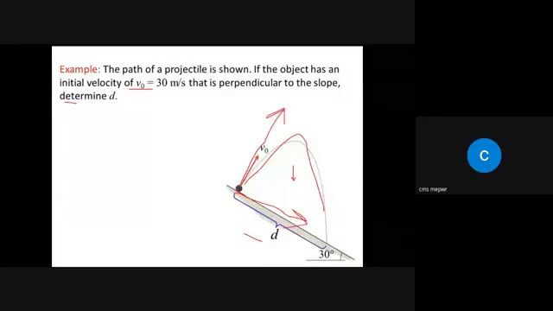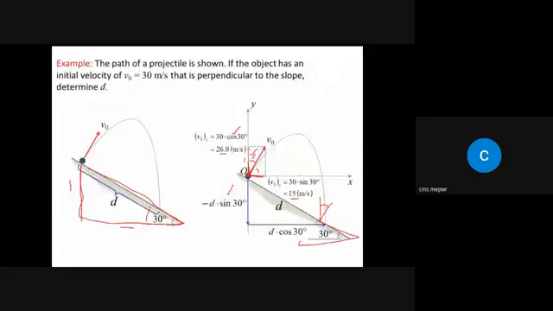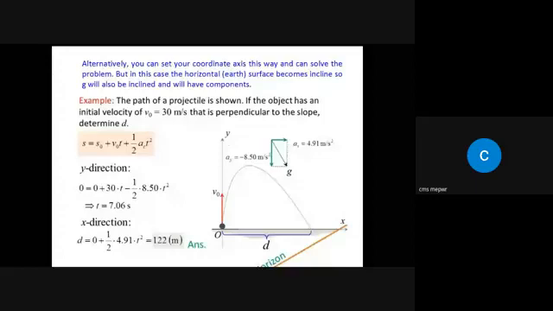But remember, in that case the g will become inclined. For example, let's see this one. I arrange the diagram for my ease, for my comfort. So this is x, this is y. But remember, now the horizontal surface, or the earth surface, is at a certain angle. And what is that angle? It is 30, right?